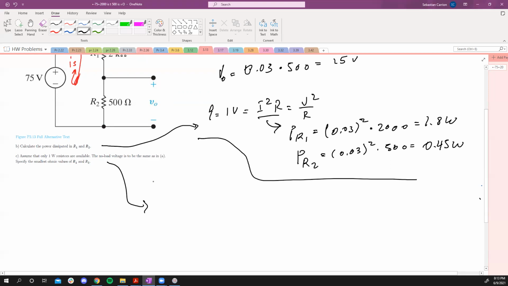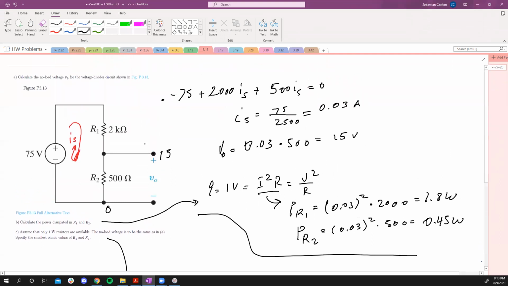Right, so we know that V naught is 15. We can assume this is our ground. Right, so then we can assume that the potential across here is 60. Across R1 is 60, right?